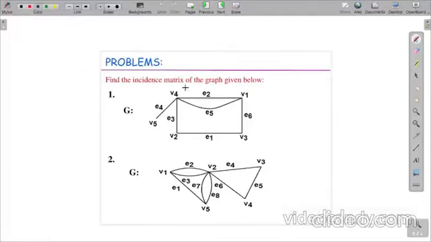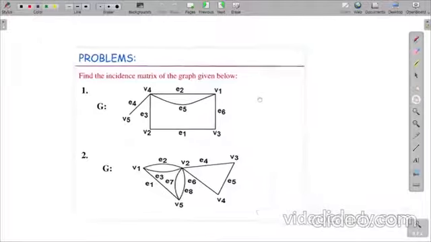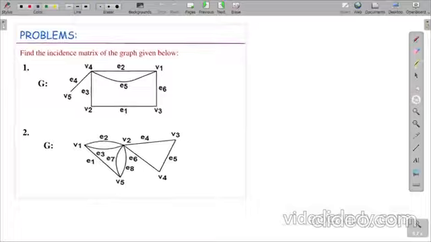Next, find the incidence matrix of the graph given below. So we can draw the graph. We can write one matrix for the first graph. How many vertices are there? V1, V2, V3, V4 and V5.